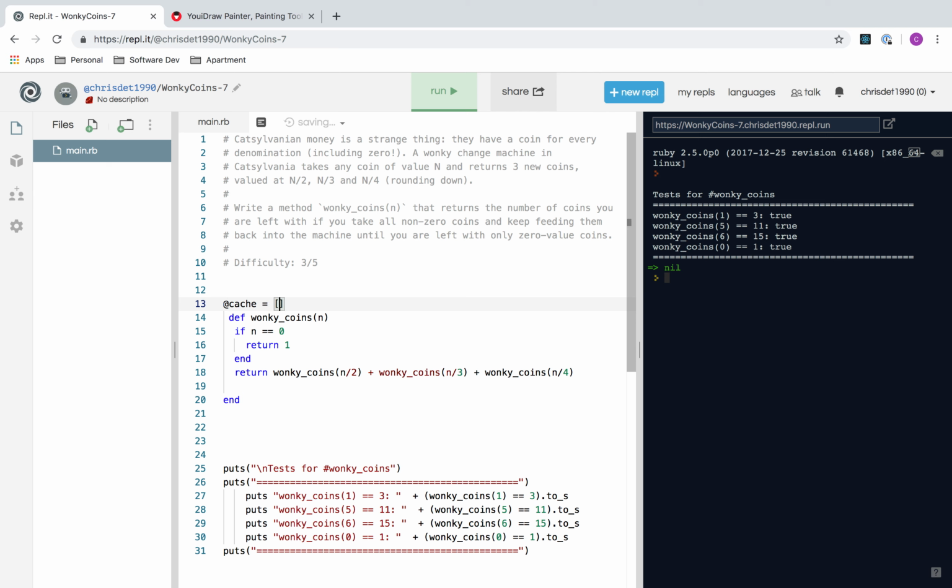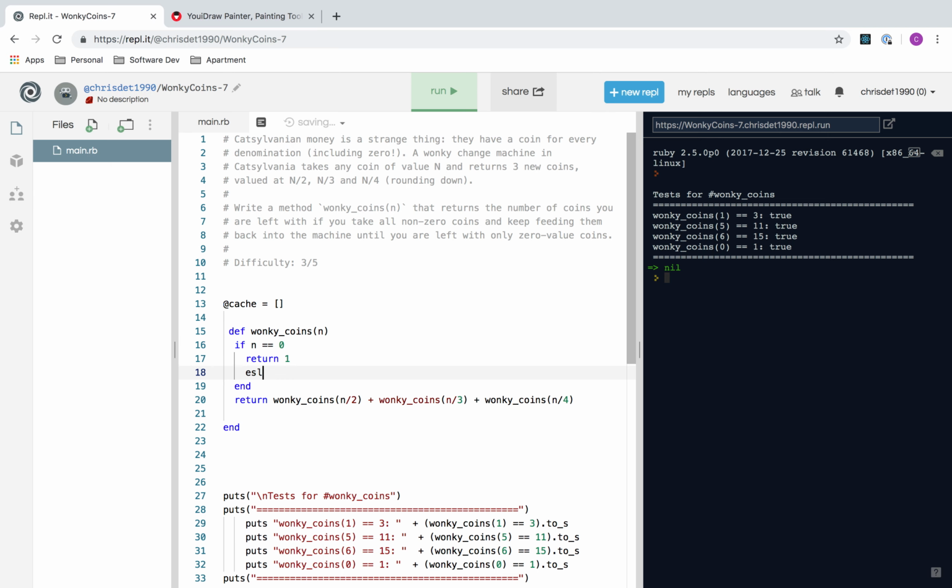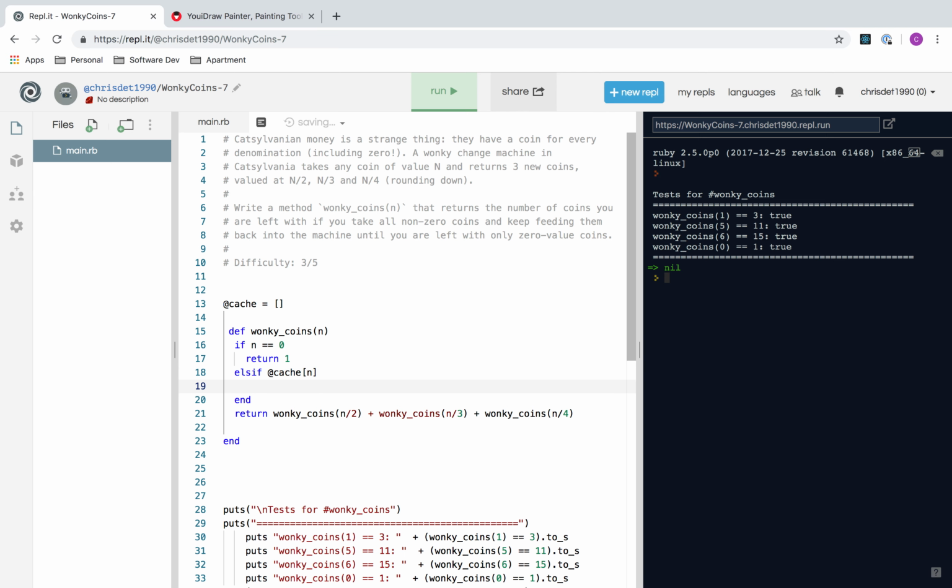For the cache, we're going to set it equal to an empty array. So we keep this the same: if n equals 0, it's going to return 1. But also, else if we remember cache of n, with that number, then we're going to return cache of n.